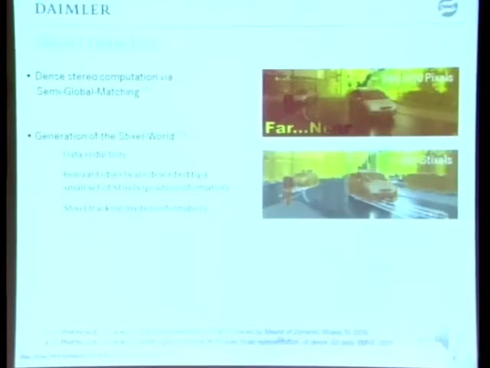A Stixel is a vertical rectangle with a defined width and a variable height. And here you can see Stixels in the same color encoding. Red Stixels are near to our ego position, and green Stixels are far away.